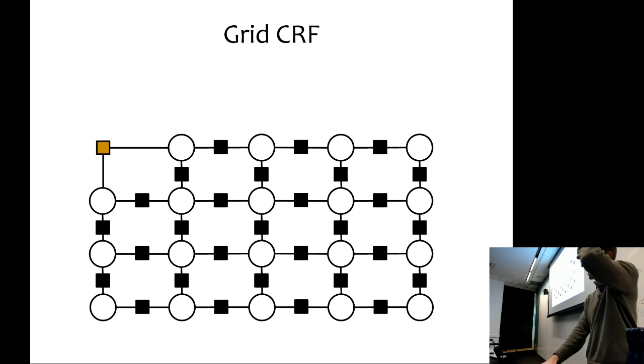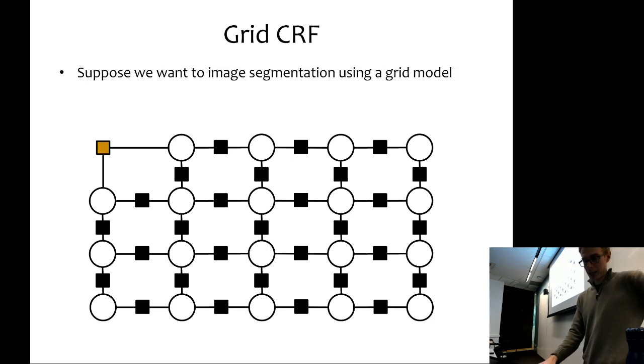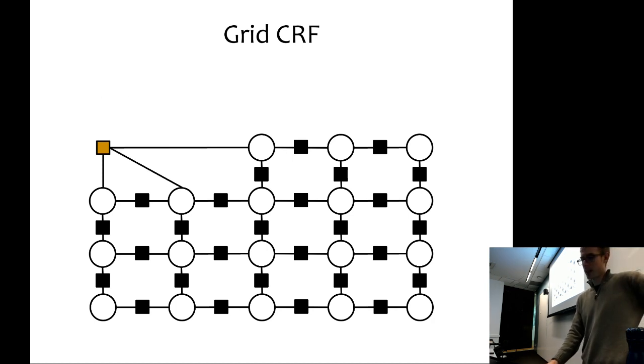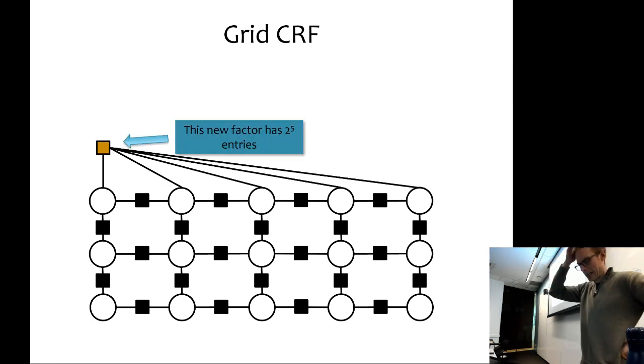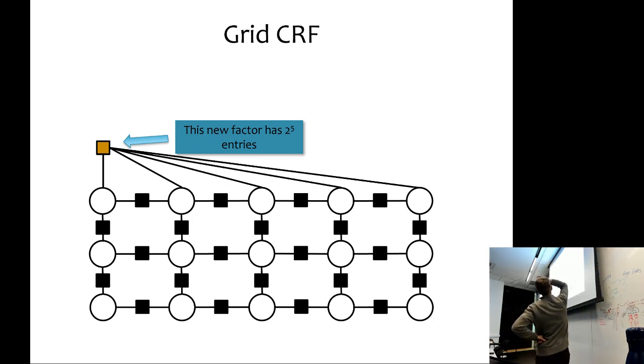Eliminating one variable here. And then you eliminate the second variable, and then the third, and the fourth, and the fifth. But now this new factor actually has 2 to the 5th entries, because it's now connected to each of these variables in the grid.